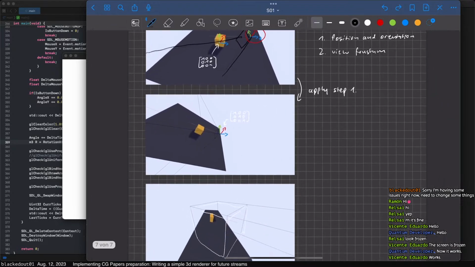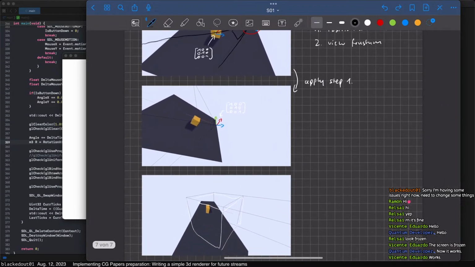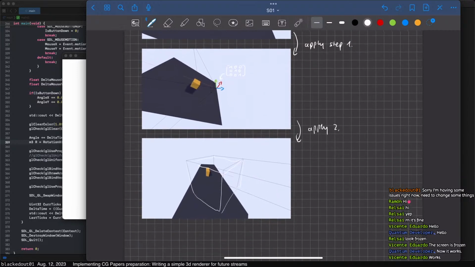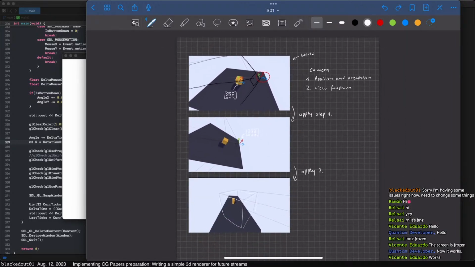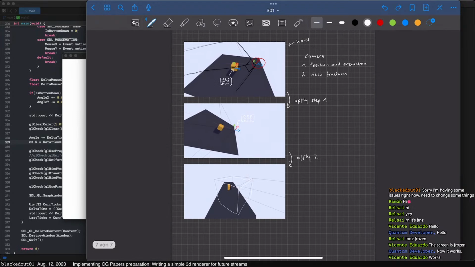And the second transformation: you can see we then have the view frustum lying somewhat in the origin, and the next step is to apply the view frustum, and this just converts the view frustum into this cube here. And that's the basic idea.